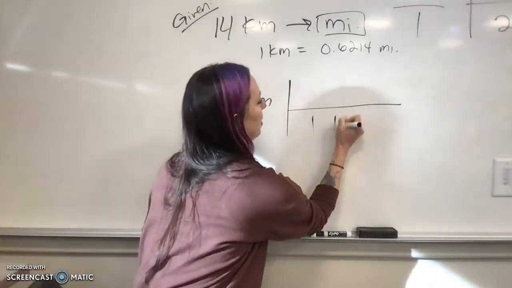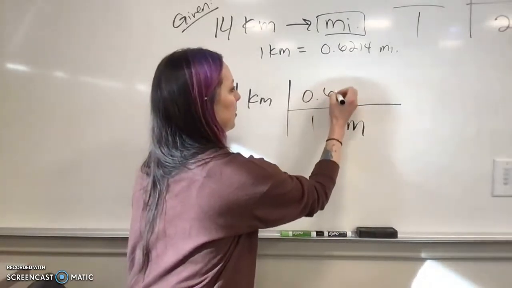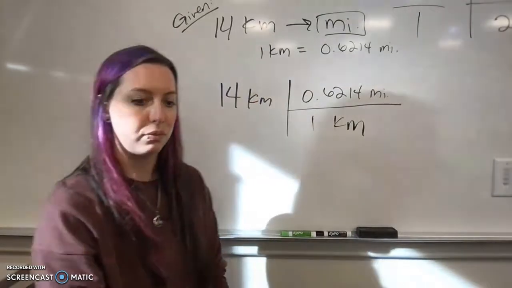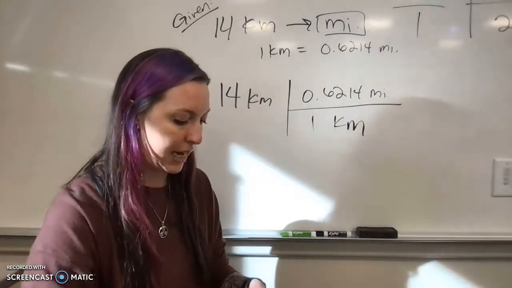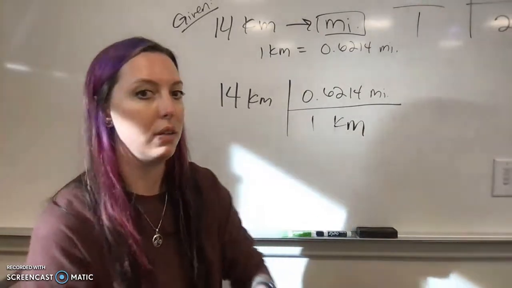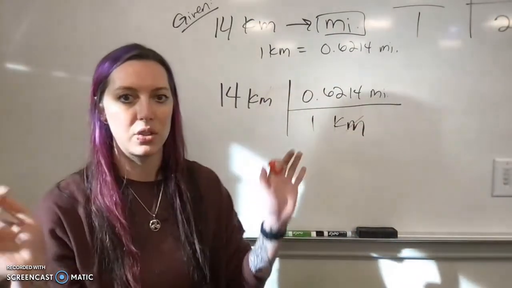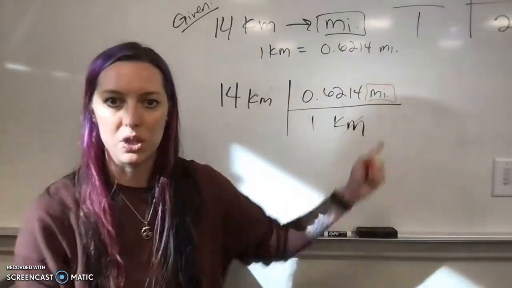So in 1 kilometer, I have 0.6214 miles. And the nice thing here is that we can cancel our units, right? So kilometers cancels out with kilometers. Yay! So happy, right? And we're left with the unit I wanted, which is miles.